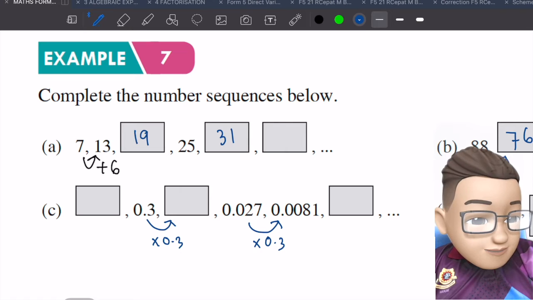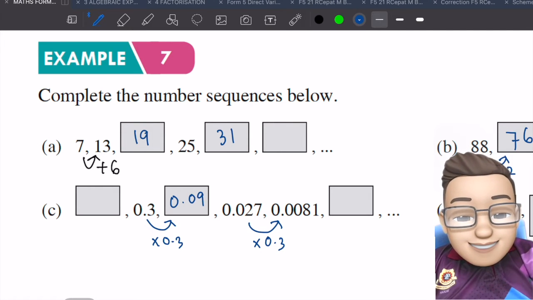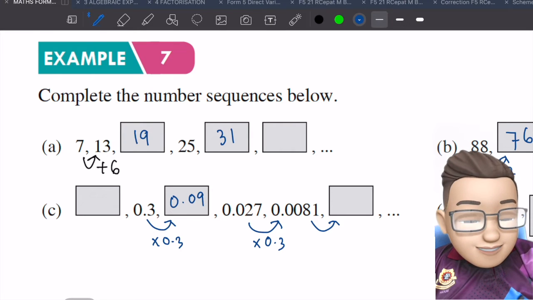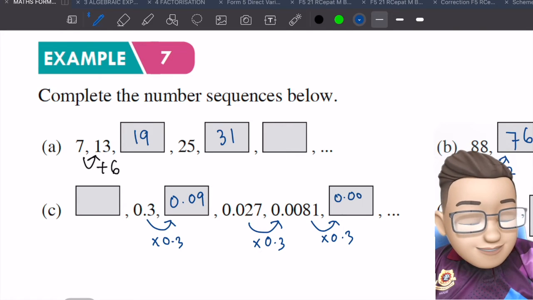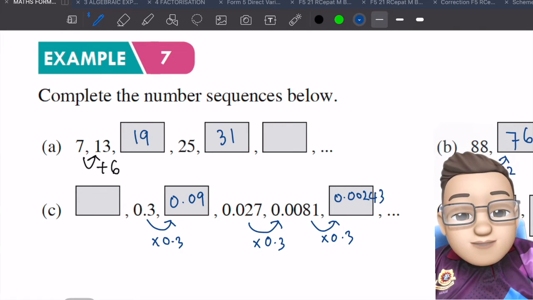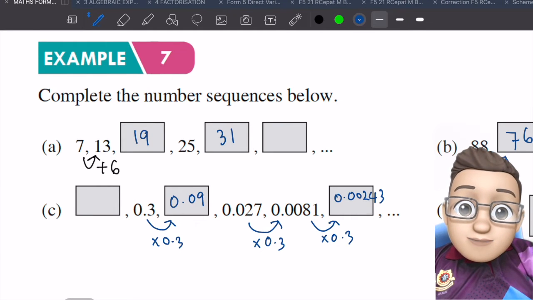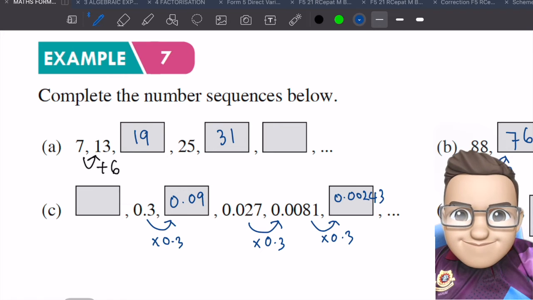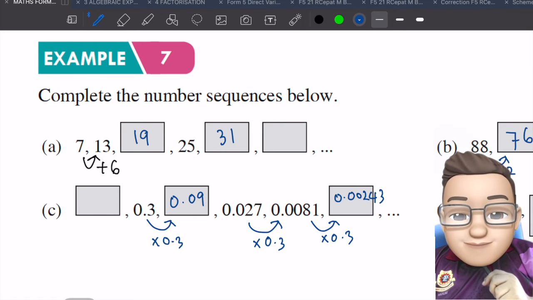So you will get 0.09. The same goes to the next one. You need to multiply 0.3 and you will get 0.00243. Now how to find the first box?